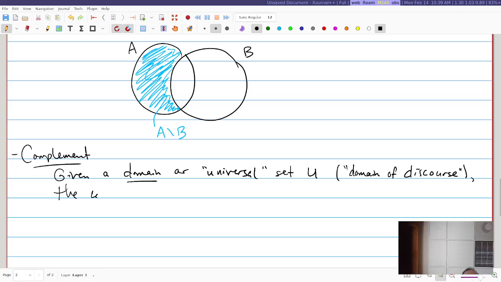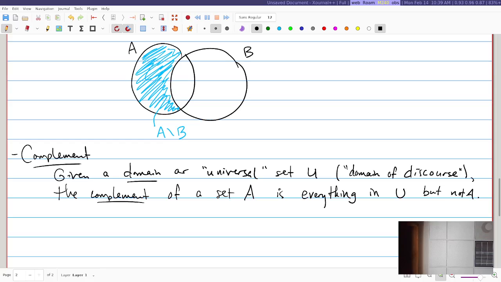The complement of a set A is everything in U, but not in A. And this actually is very similar to difference, right?